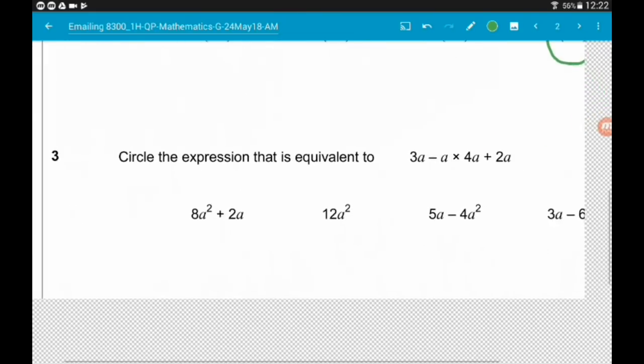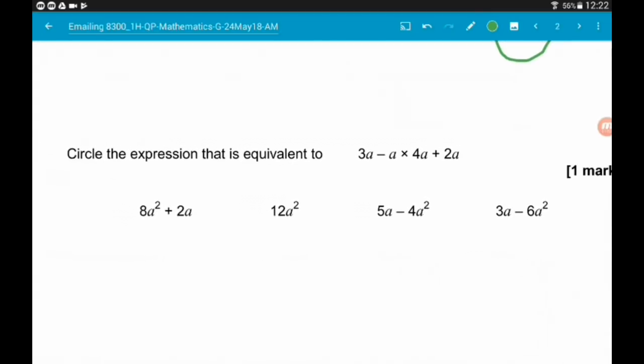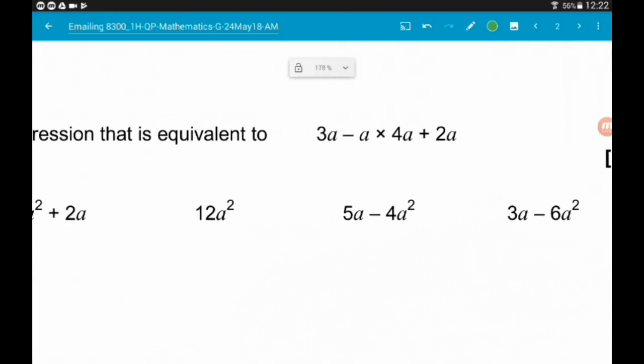Okay, then question 3 says circle the expression which is equivalent to 3a minus a times 4a add 2a. So don't forget BIDMAS. Multiplication comes first.